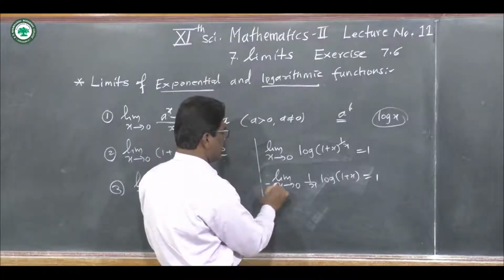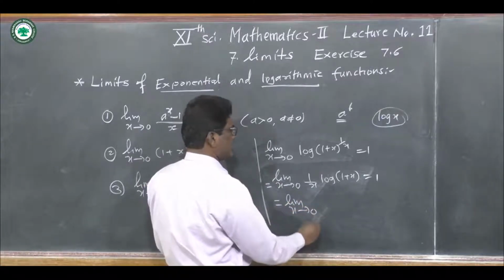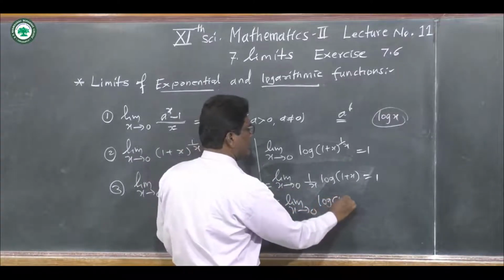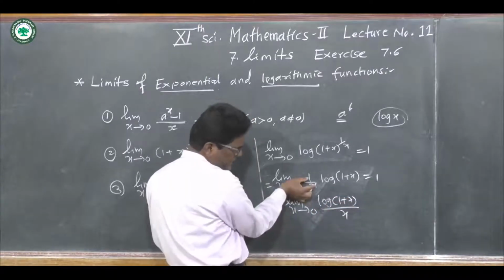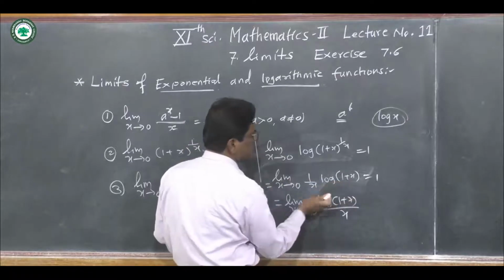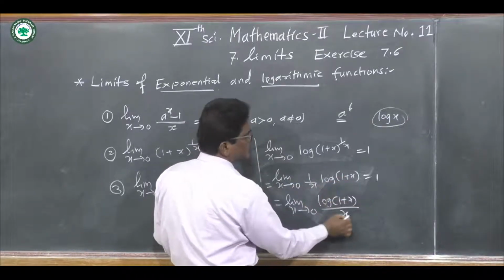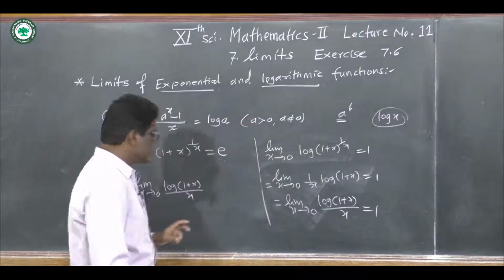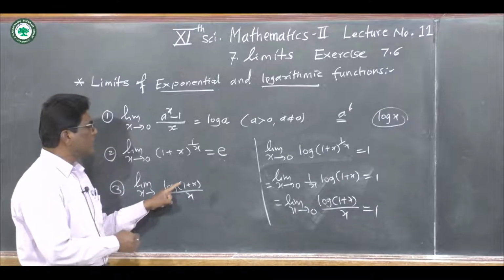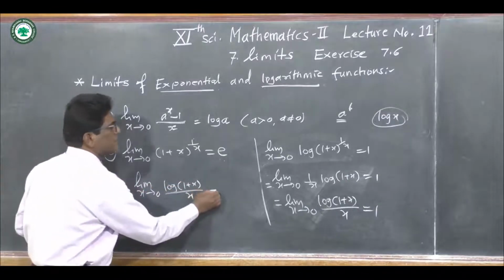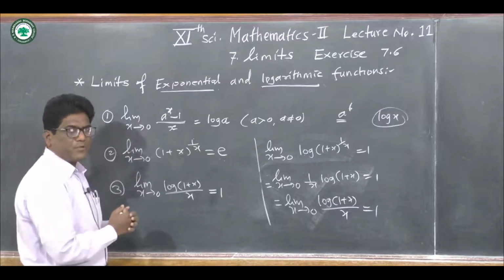So it is limit as x tends to 0, log of (1 plus x) divided by x, equal to 1. So the third formula, limit x tends to 0, log of (1 plus x) upon x, is equal to 1. These three formulas are very important.